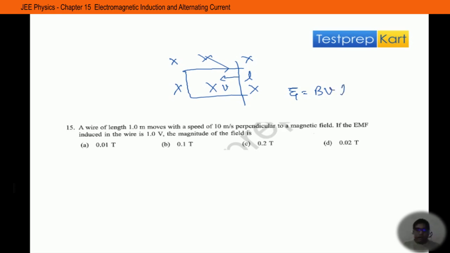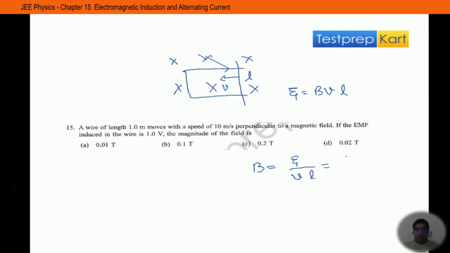Okay. So in this question, EMF is given, velocity is given, and length is given. Okay. So we can calculate magnetic field. So magnetic field is EMF divided by velocity into length.